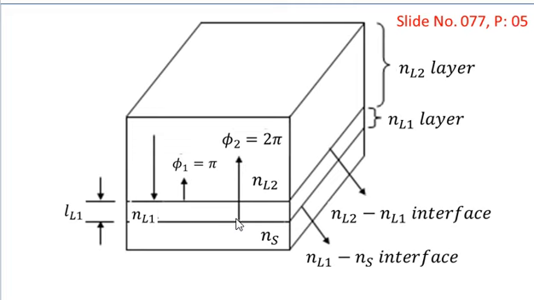So one is due to the interface boundary, phase equal to pi, and the other is due to the traveling of the wave in this region. So a total change of 2 pi will occur. That's why we have used phi 2 equal to 2 pi, and phi 1 equal to pi as before.